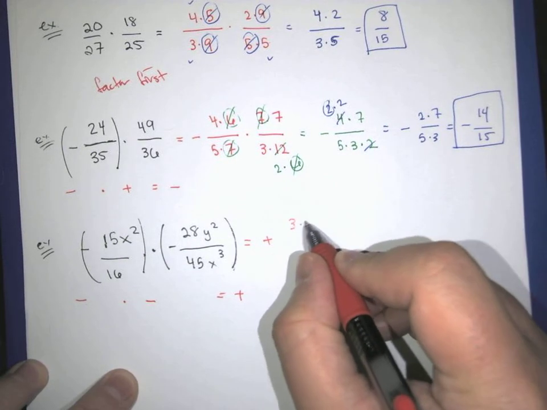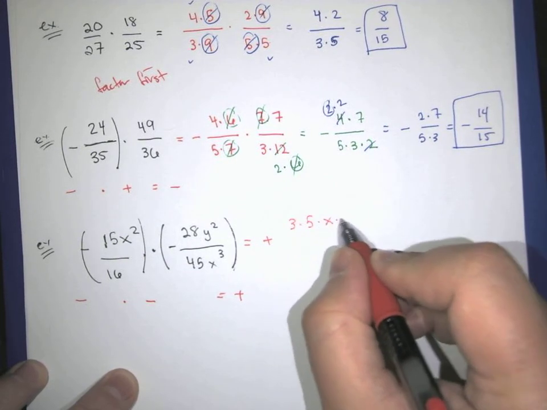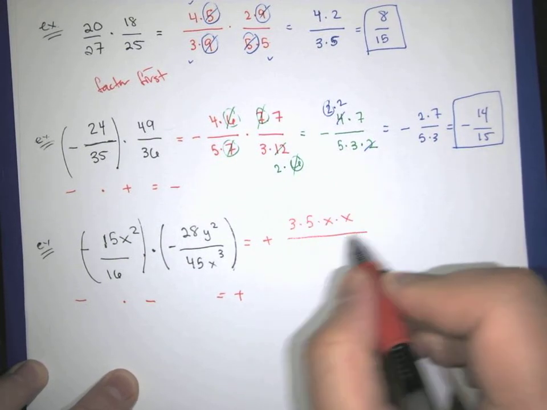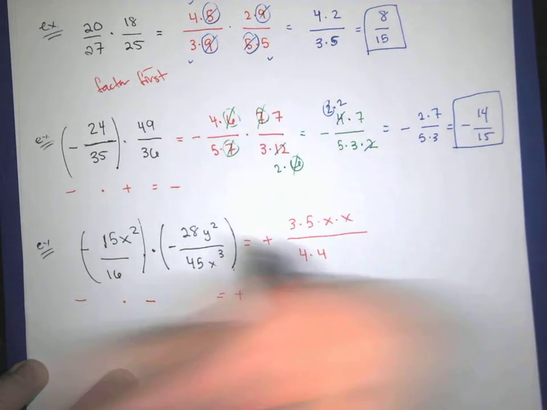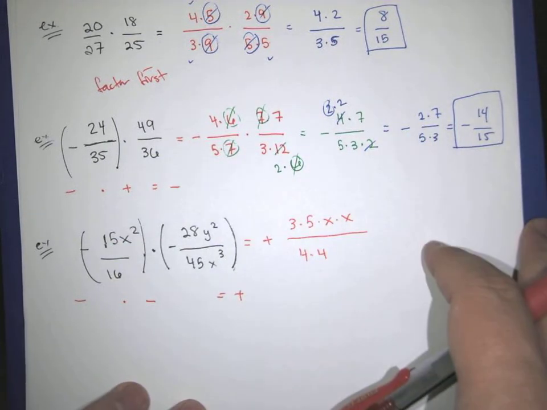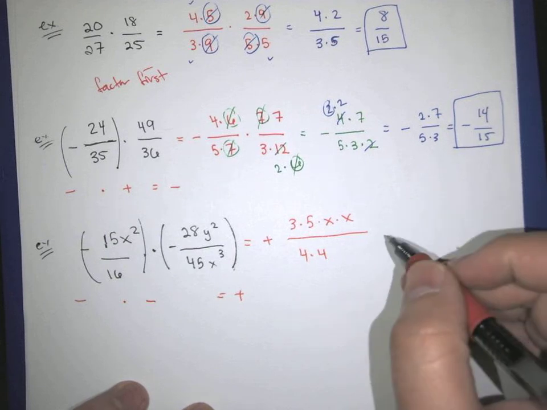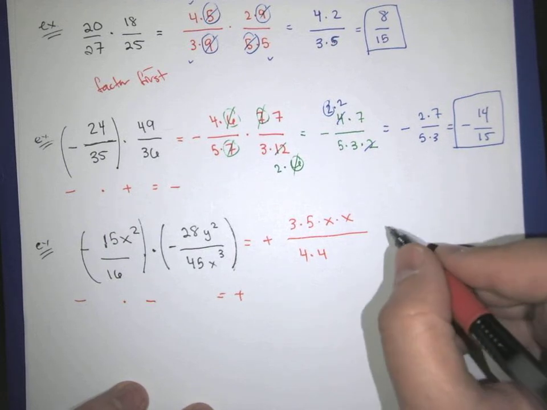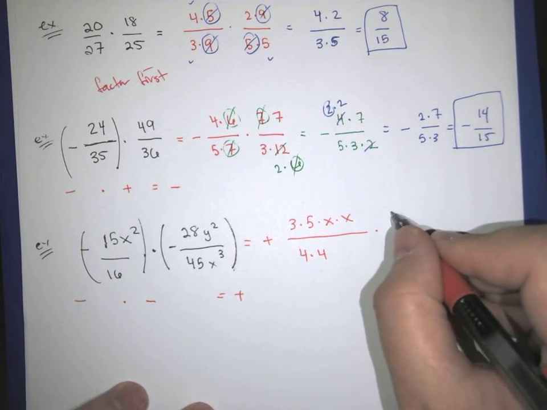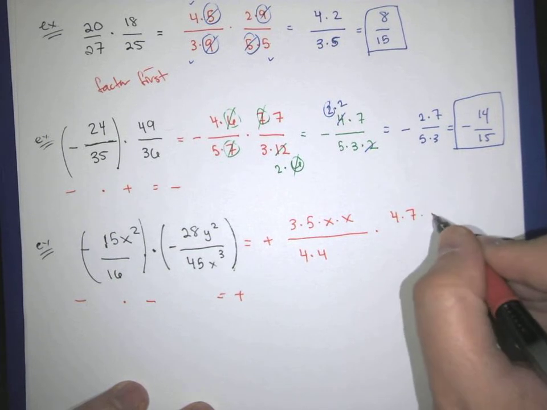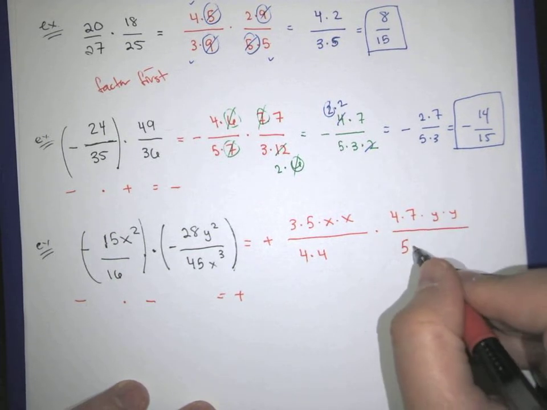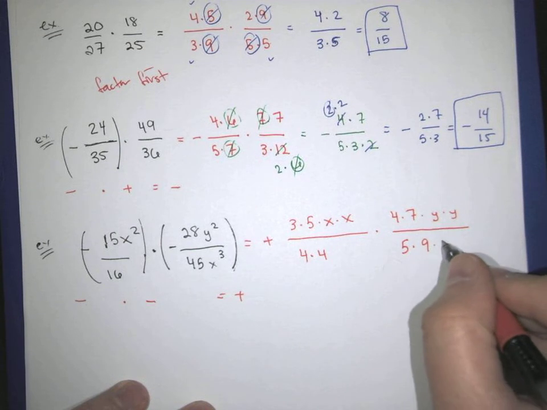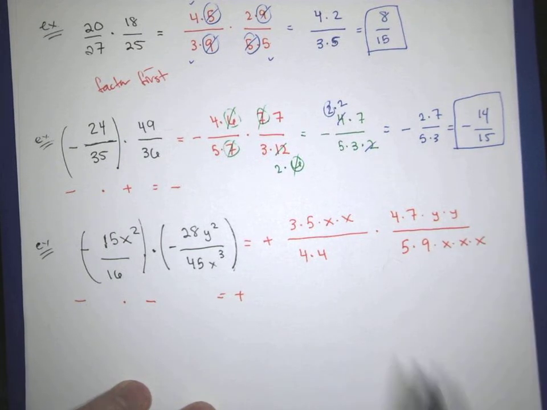So 15 would be 3 times 5. x squared would be x times x. 16, let's call this maybe 4 times 4, or 2 times 8, lots of different ways to write this. 2 times 2 times 2 times 2. You can go all the way, even right from the start. 28 would be 4 times 7, y squared is y times y. 45, 5 times 9 would be the kind of obvious way to go, and then 3 of these x's.